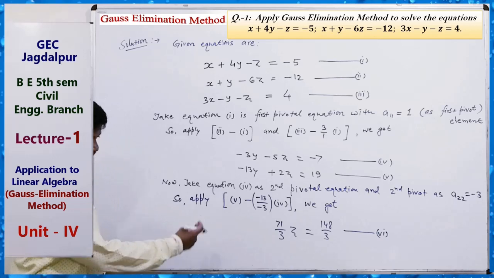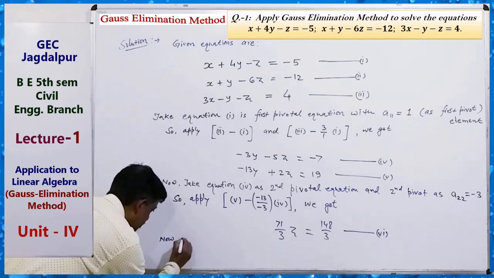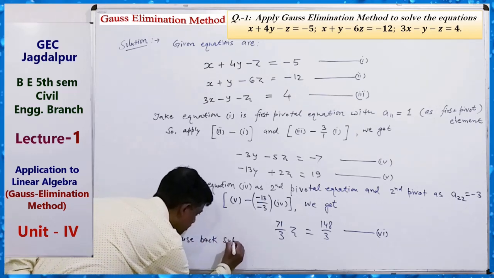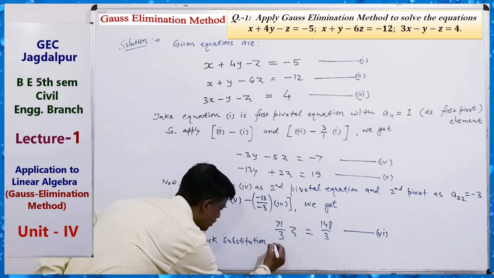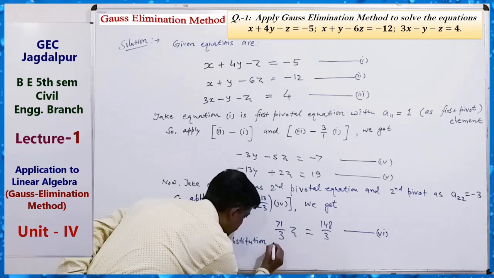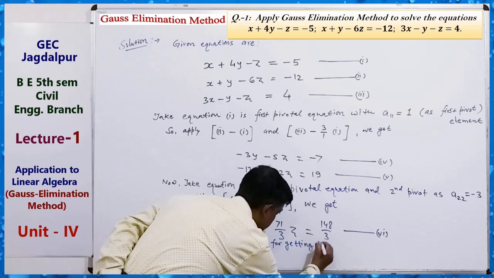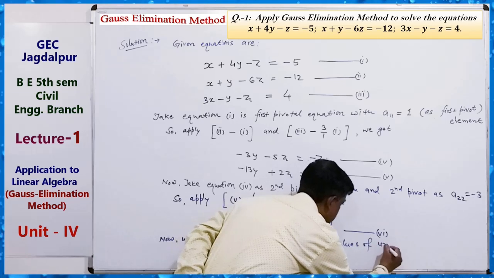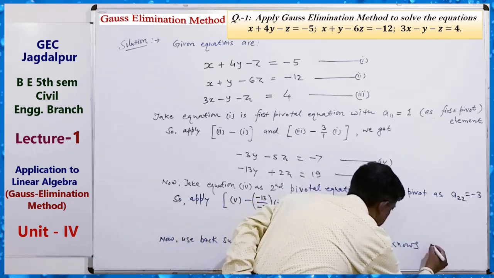So from now use back substitution method for getting the values of unknowns.